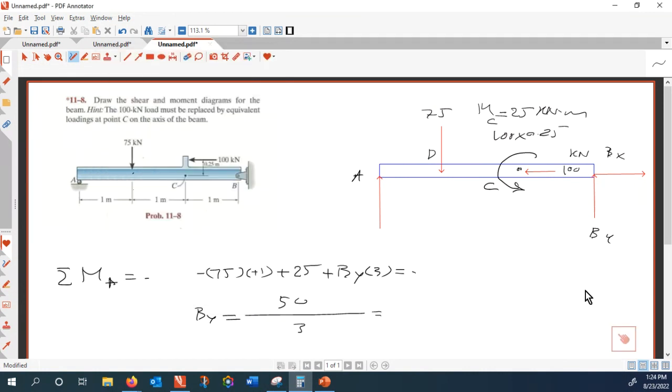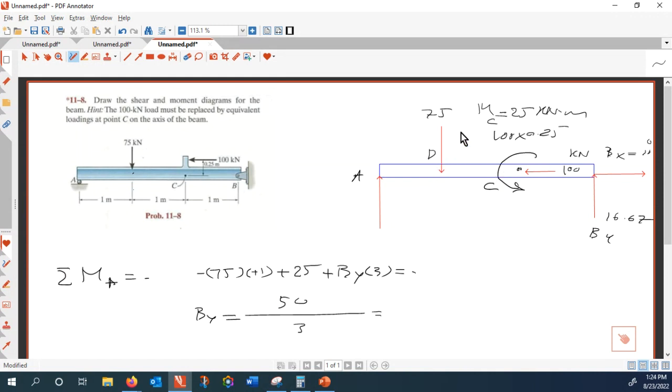That is 16.67. And this one, B of x, is equal to 100.